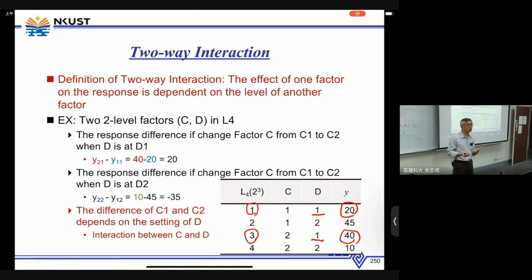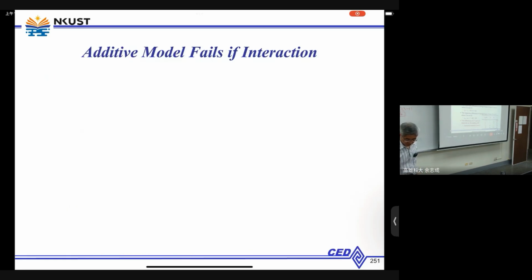We don't know which factor level is the best parameter design. That's the reason why interaction will have an influence on our selection of the optimum combination. So in this case, C and D have some interaction. So now we understand that the interaction will have influence.